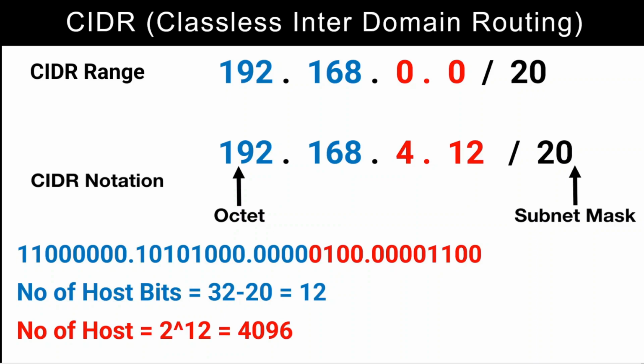Since there are 32 bits in an IP address and out of this 20 bits are used to determine the network in this example, you are left with the remaining 12 bits for the host address in your network. Since we can use only the last 12 bits of the IP address that can be assigned to any device in this network, you can have maximum 2 raised to power 12 equal to 4096 devices in your host network.